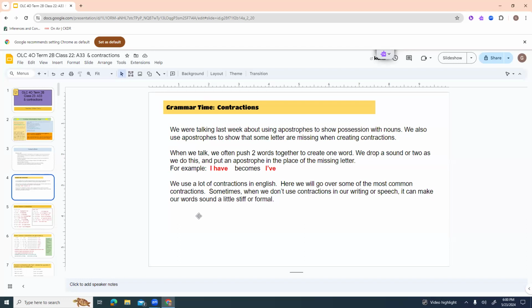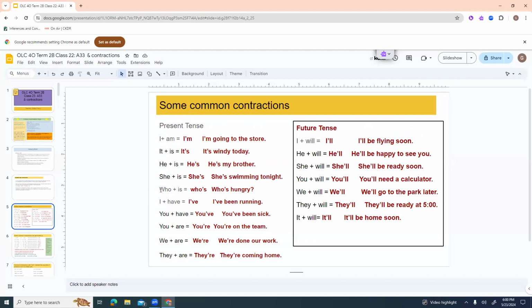We use a lot of contractions in English, and here we're going to go over some of our most common contractions. Sometimes when we don't use contractions in our writing or speech, it can make our words sound a little bit stiff or a little bit formal. So some common contractions. I plus am equals I'm, like I'm going to the store.